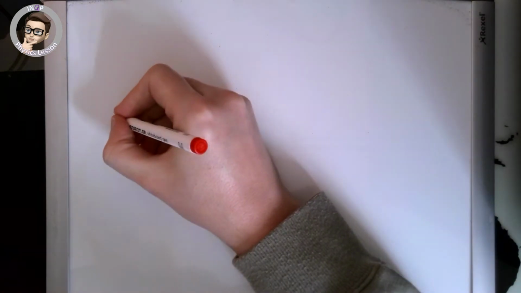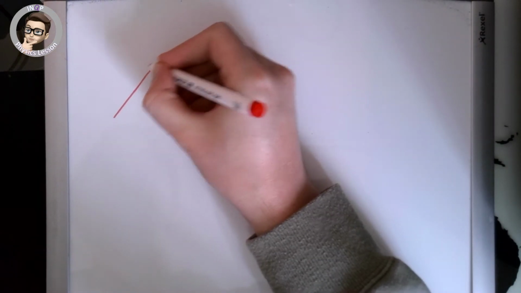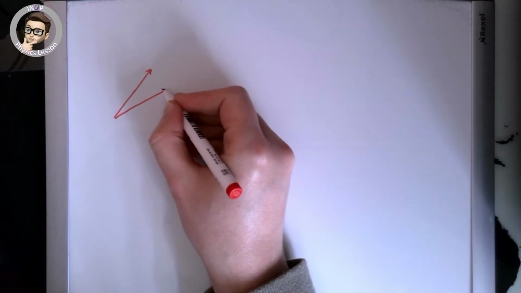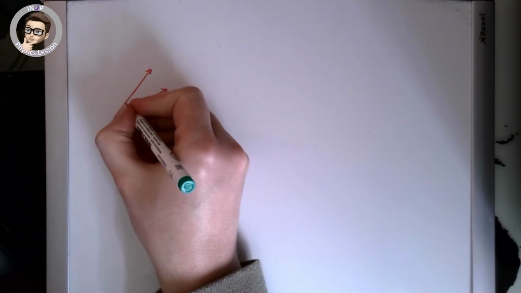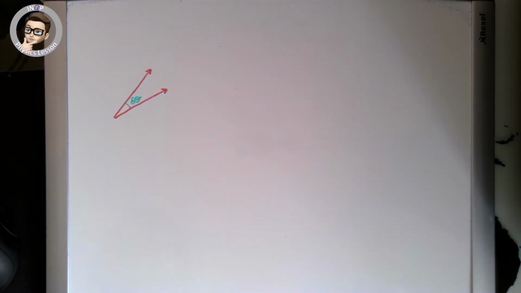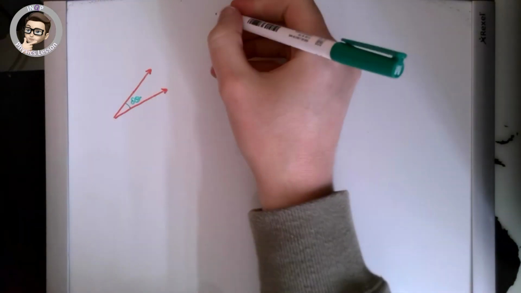So let's consider two velocity vectors, which are there, and we'll consider an angle between the two, and we're going to call that angle delta theta. Okay, so let's draw it a bit bigger for you.